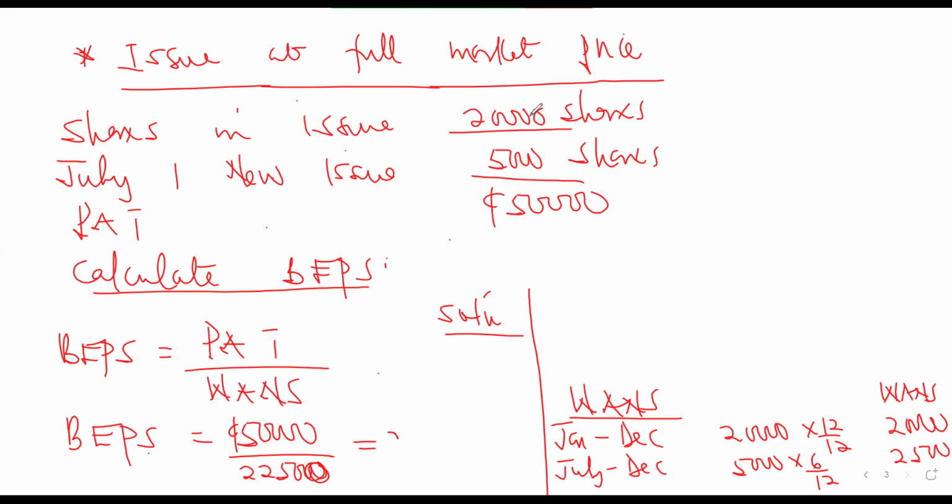So you can just write per share here. That is your earnings per share. Let me see whether I have an example on that so that we can solve a full market price question then.